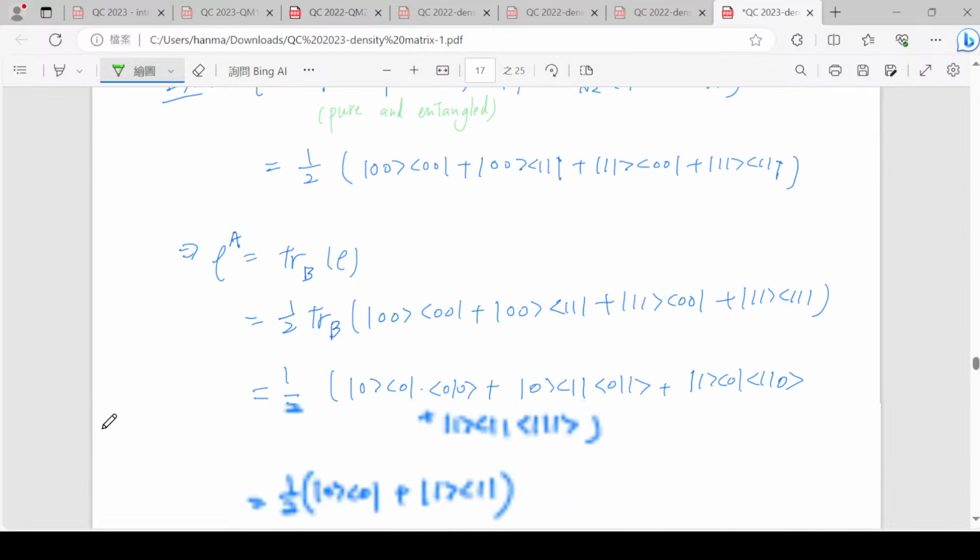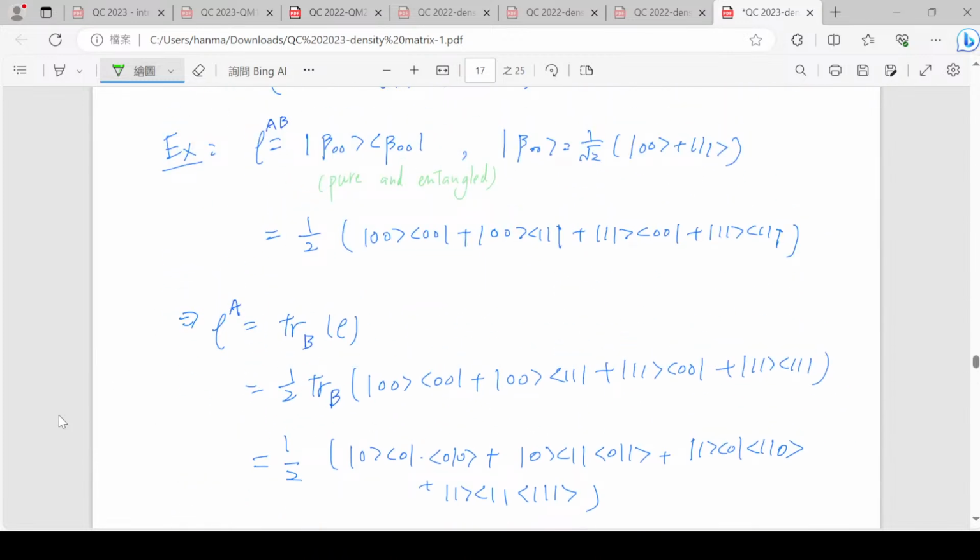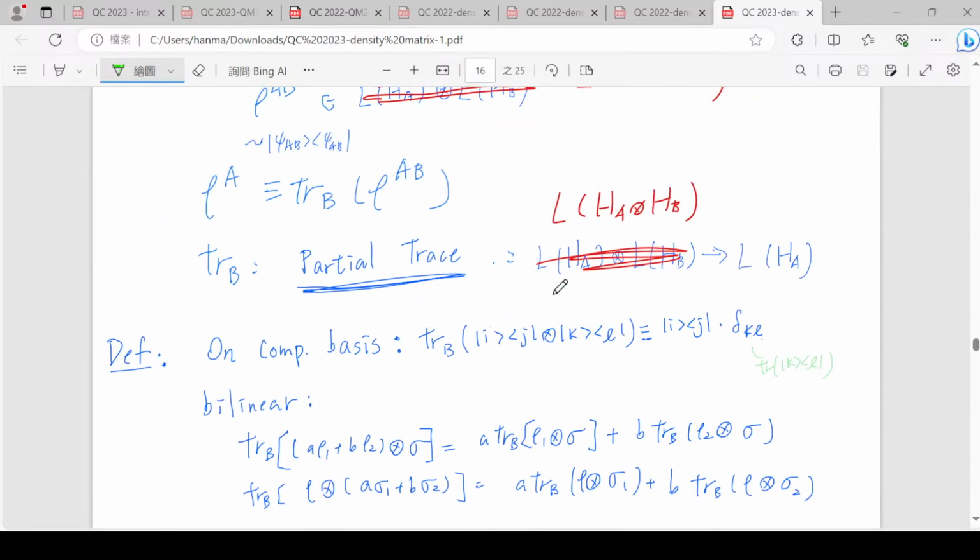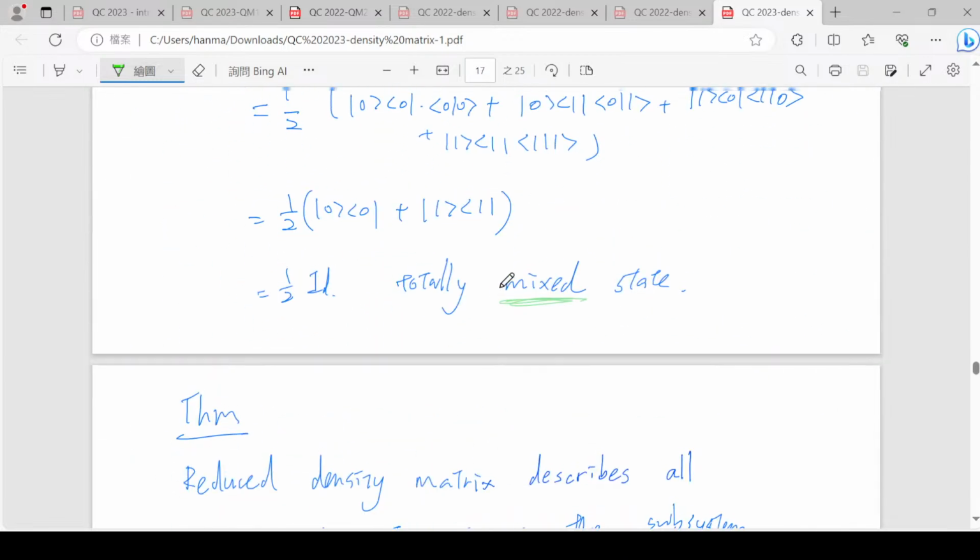And then here we do the standard calculation. We use the very basic, standard definition to do our partial trace.